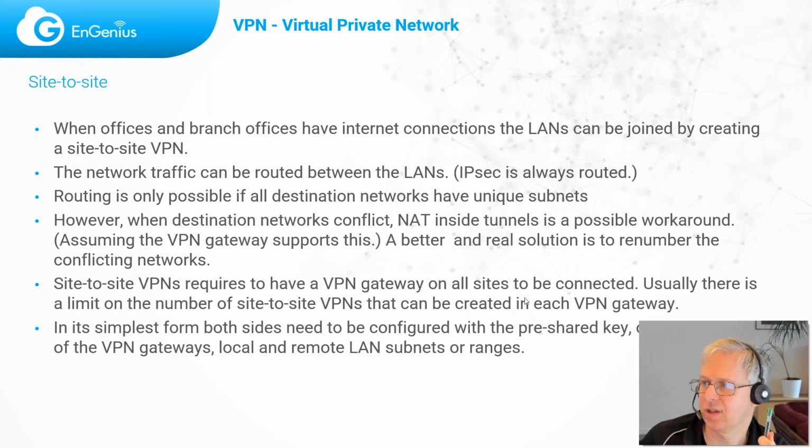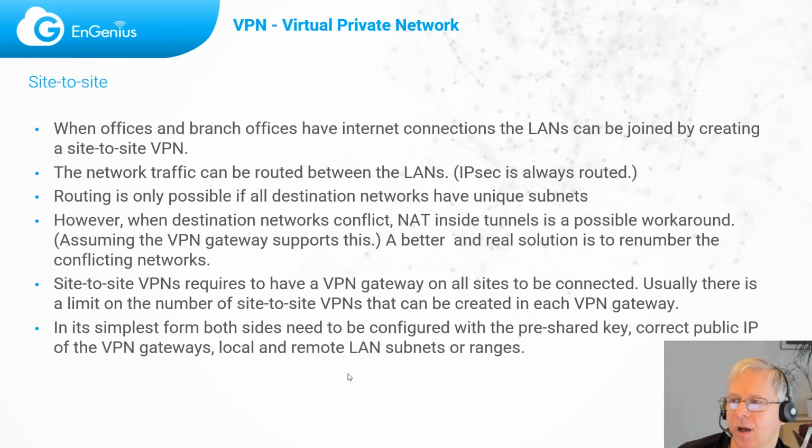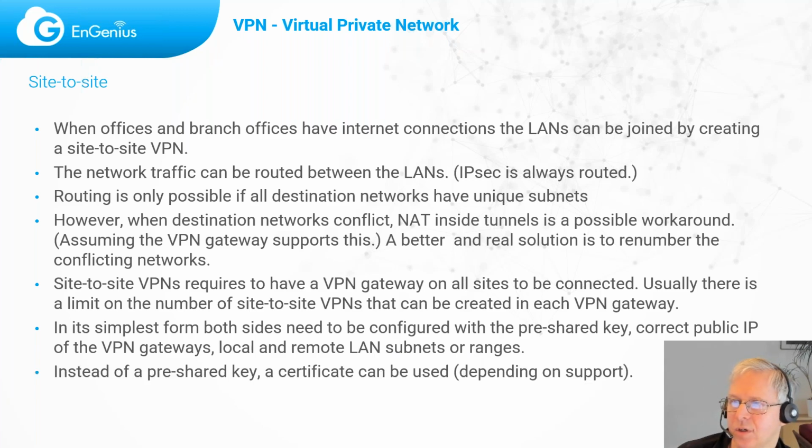In the simplest form, both sites just need to be configured with the pre-shared key, correct public IP address to the gateways, some local and remote subnet ranges, and all the rest can be left the default.